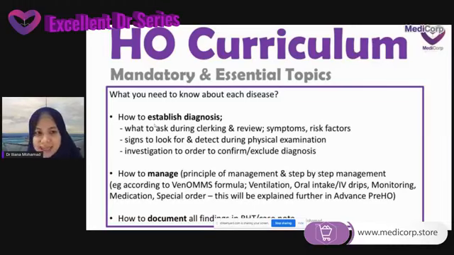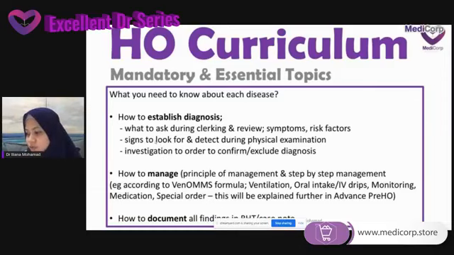What questions you need to ask during review to assess progress of patients? And what are the risk factors for that particular disease? Next is physical examination: what are the signs to look for and detect, and subsequently what investigations you need to order to confirm and exclude other differential diagnoses. Basically these are what you are doing day in and day out in the ward. They just want to know whether you really capture the knowledge.